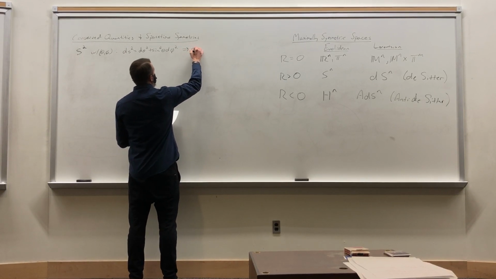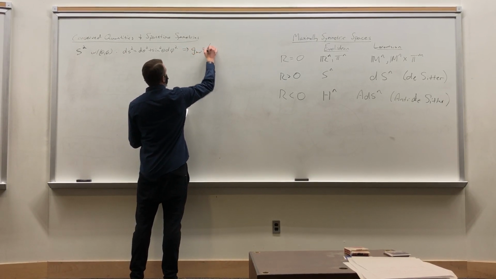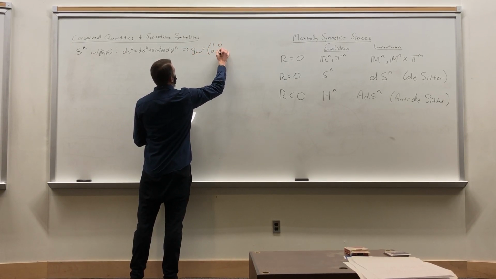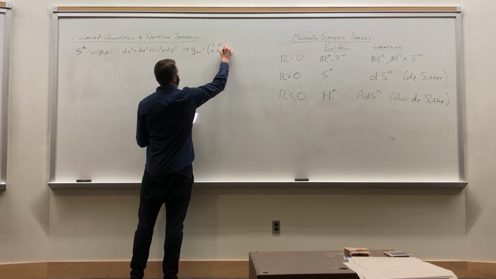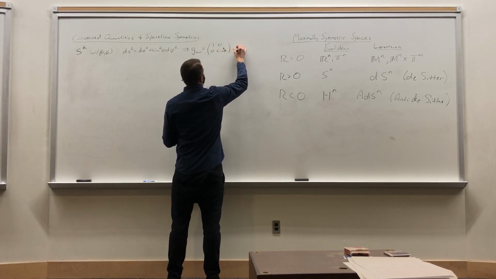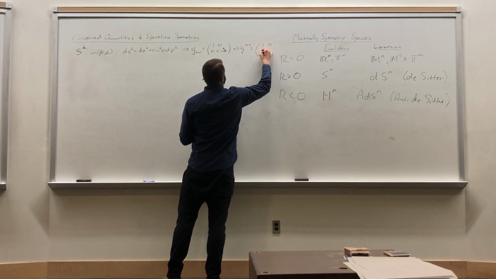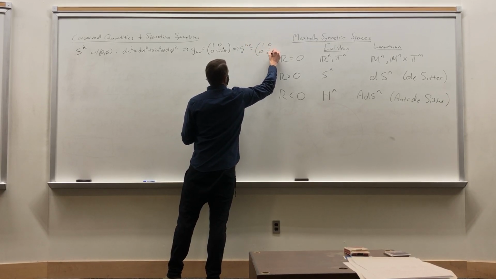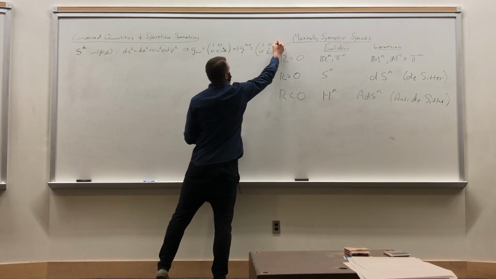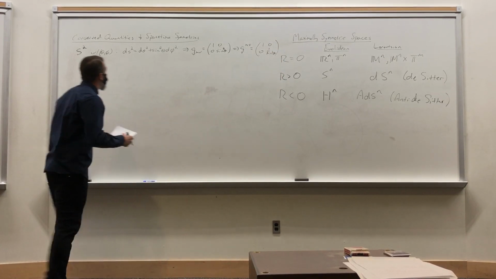This immediately tells me that the metric on the space is 1, 0, 0, sine squared theta. And the inverse metric is 1, 0, 0, 1 over sine squared theta. After your homework, this should be relatively familiar to you.